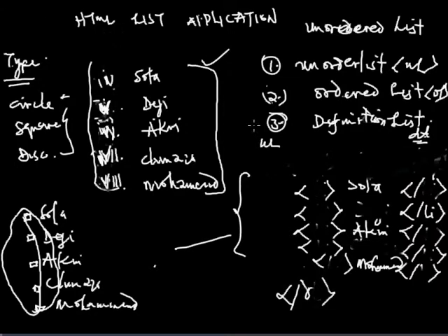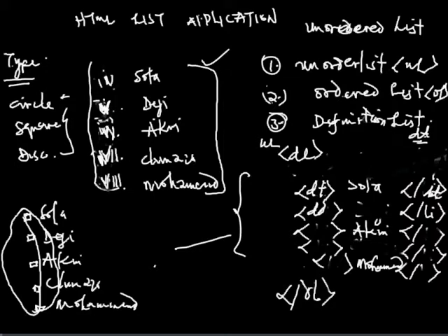Okay, it starts with DL, definition list. Now we have a definition term, and inside the definition term, just after you have defined the term, then you now write the definition.